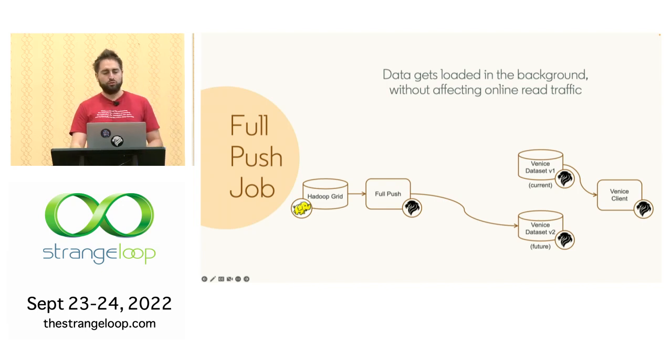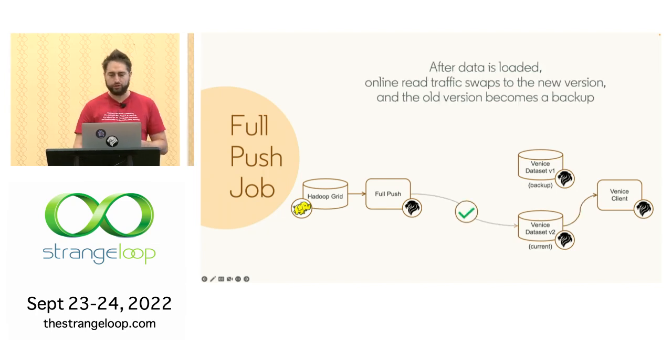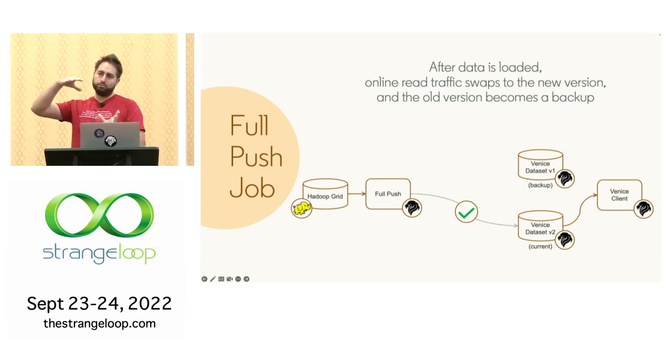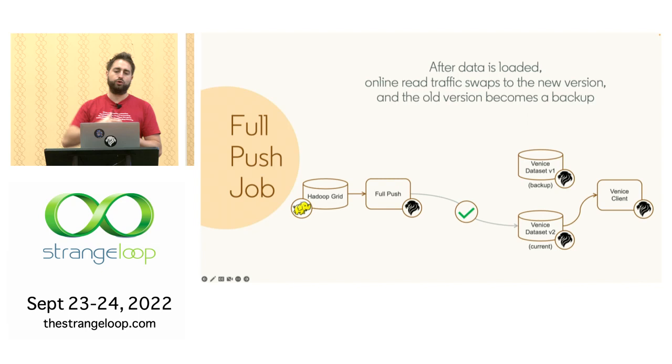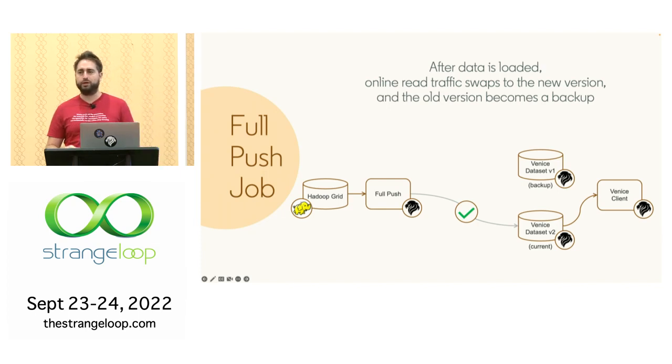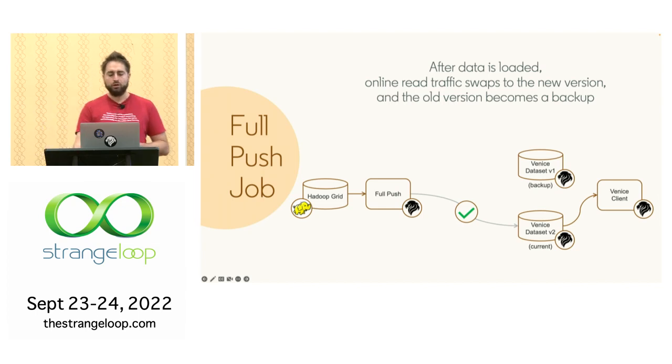So when the full push is determined to have completed successfully and with full integrity checks, at that point, Venice orchestrates a swap of the read traffic onto the new version of the data set, which now becomes the current. And the older version of the data set becomes a backup that we retain for some period of time in case the user may want to roll back to it.